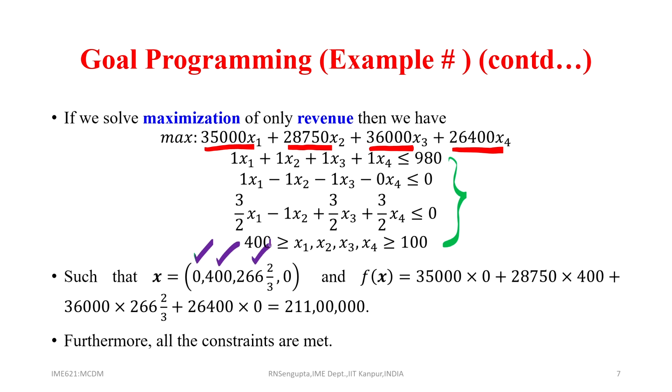x3 is 266 and 2/3, and the value of the fourth one is 0.